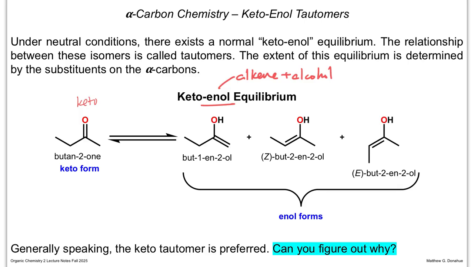So what's happening in terms of acid-base chemistry here, say you have just hydronium. We can't form negative oxygen. So the first thing we do is activate the carbonyl, so we protonate it.